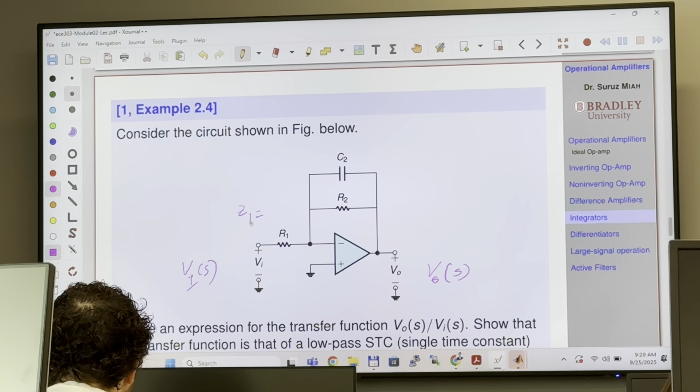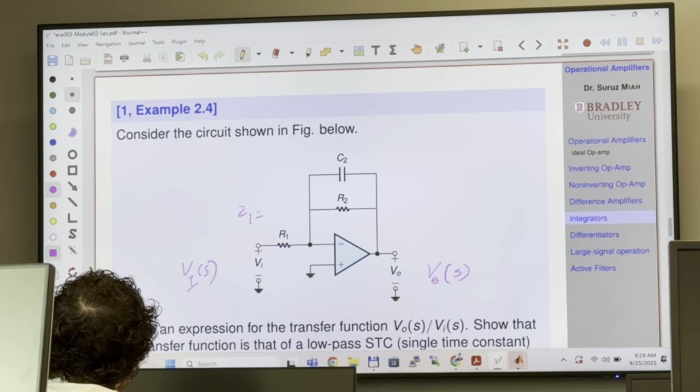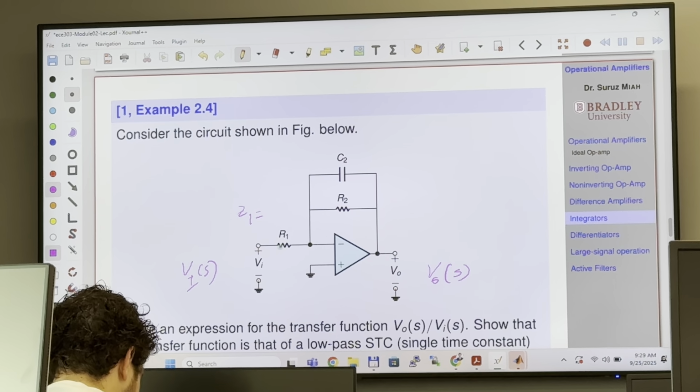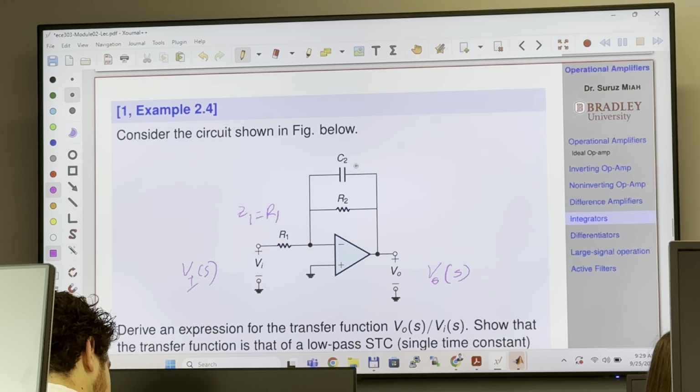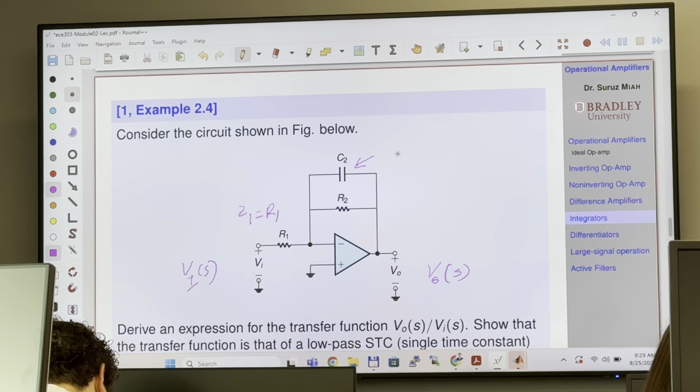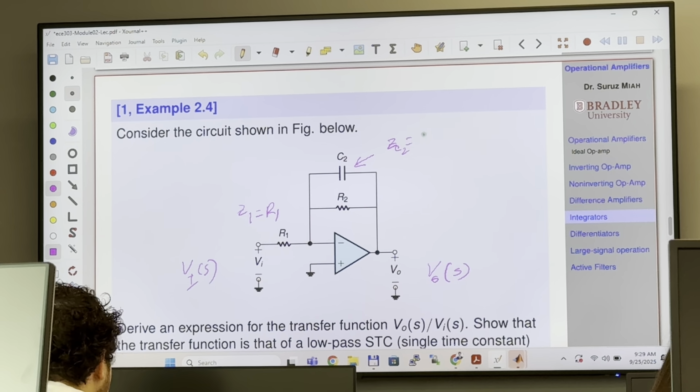Let's call it Z1. What is the impedance of resistance R1, guys? Just R1. Okay, what is the impedance of this capacitor? 1 over sC2 is going to be 1 over s.